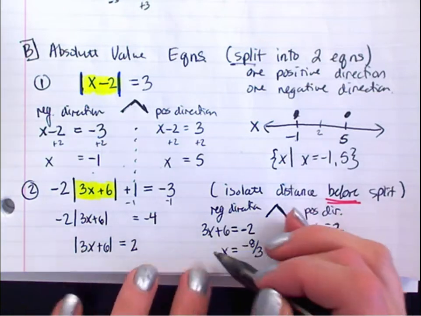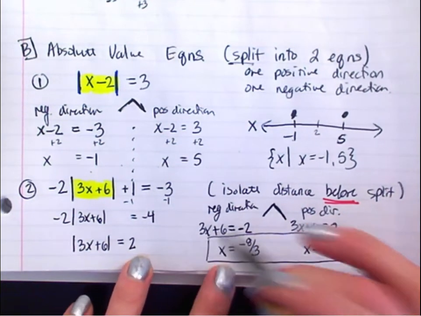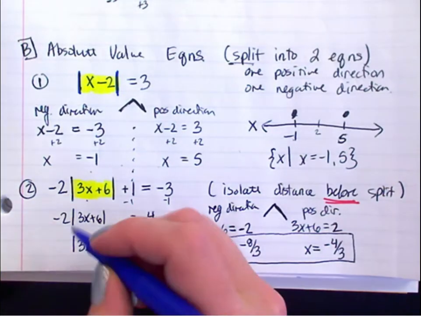Okay, I'm just going to leave it there. Right, we can graph them, we can write them in set notation, you can just box your answer, depends upon what it's asking for. Now, should you be able to plug this back in and check it? You should. However, look at this line here.